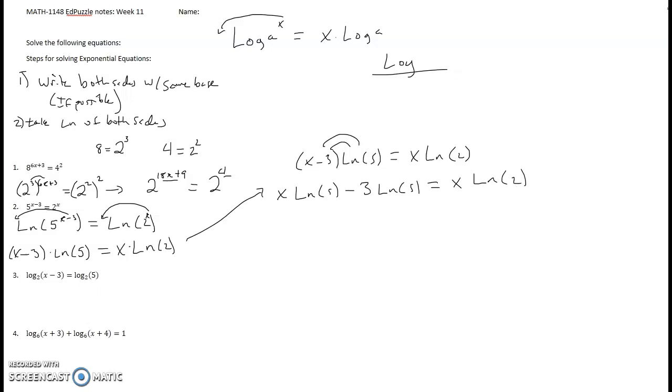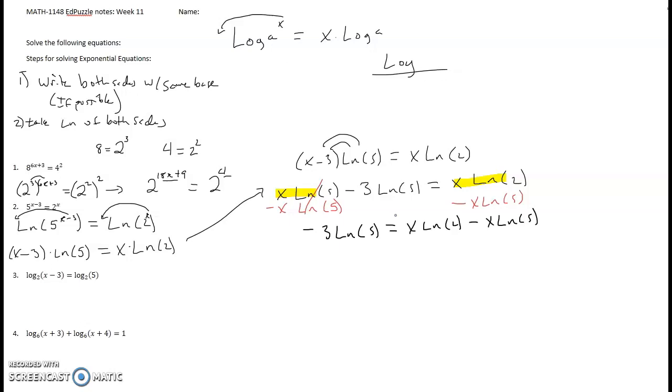Now I'm going to highlight this because I just want to show you, you can see I have two different terms that have an x in them. So just like what we did with inverses, I'm going to get everything that has an x on one side. So I'm going to subtract x ln of 5 from both sides. That's going to make these go away. And what I'm going to have left is negative 3 ln of 5 is equal to x natural log of 2 minus x natural log of 5.